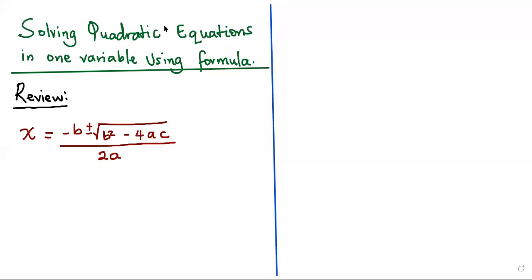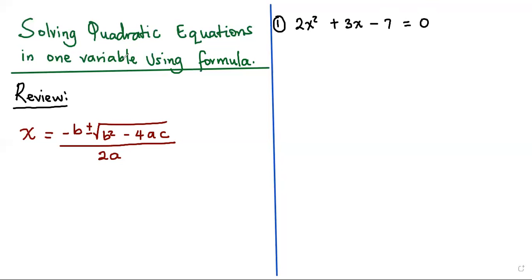Okay, and let's look at some numbers that we already looked at just to remember how we were doing it. So let us have 2x squared plus 3x minus 7 is equal to 0. And then we will be able to apply our formula.